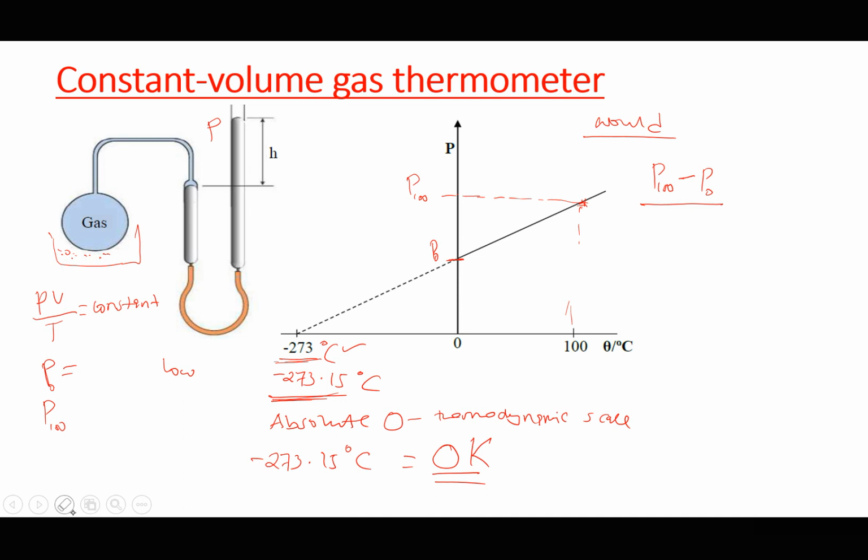I will use direct gradients because this may confuse some of us. P100 minus P naught divided by 100 minus 0 should be equal to P naught minus 0 divided by the change in temperature, which will be 0 minus -273.